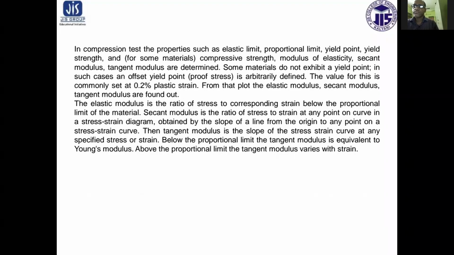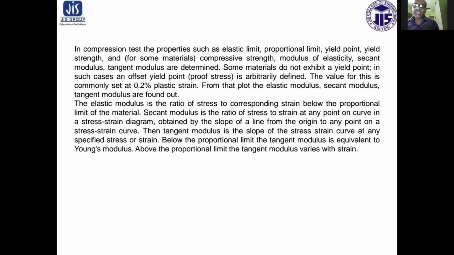In compression test, the properties such as elastic limit, proportional limit, yield point, yield strength, and for some materials, compressive strength, modulus of elasticity, secant modulus and tangent modulus are determined. Some materials do not exhibit a yield point.